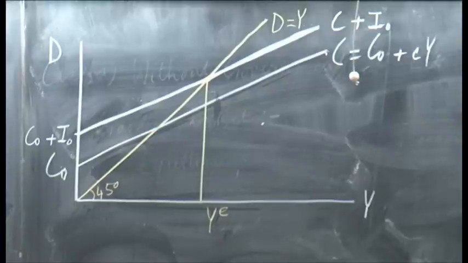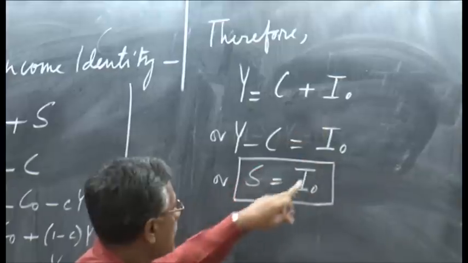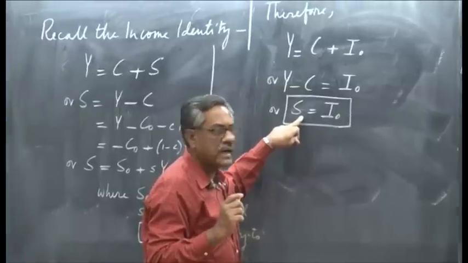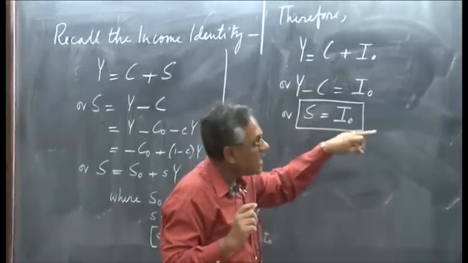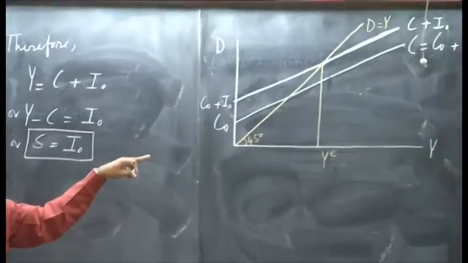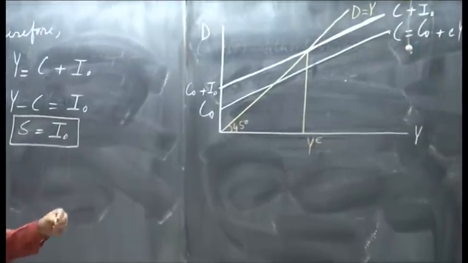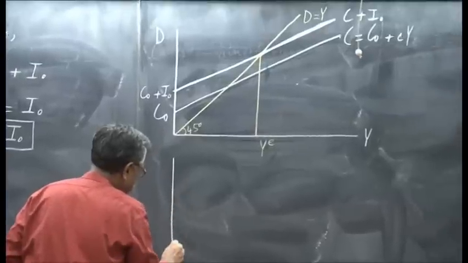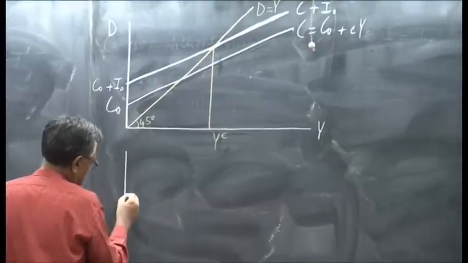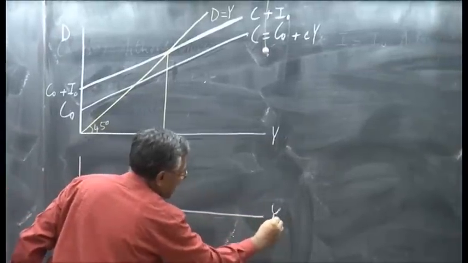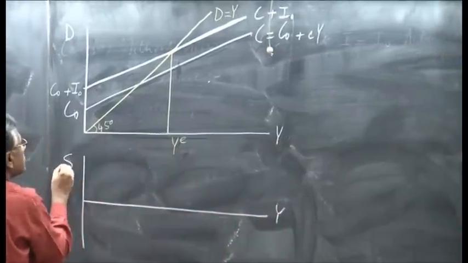But for Y is equal to C plus I, we also have a version of the equilibrium condition, S is equal to I naught. You can ask me, sir, I don't see that on the diagram there. How do you draw that? Well, to draw that, draw another line here and draw a line like this, again Y, but draw the savings function here.